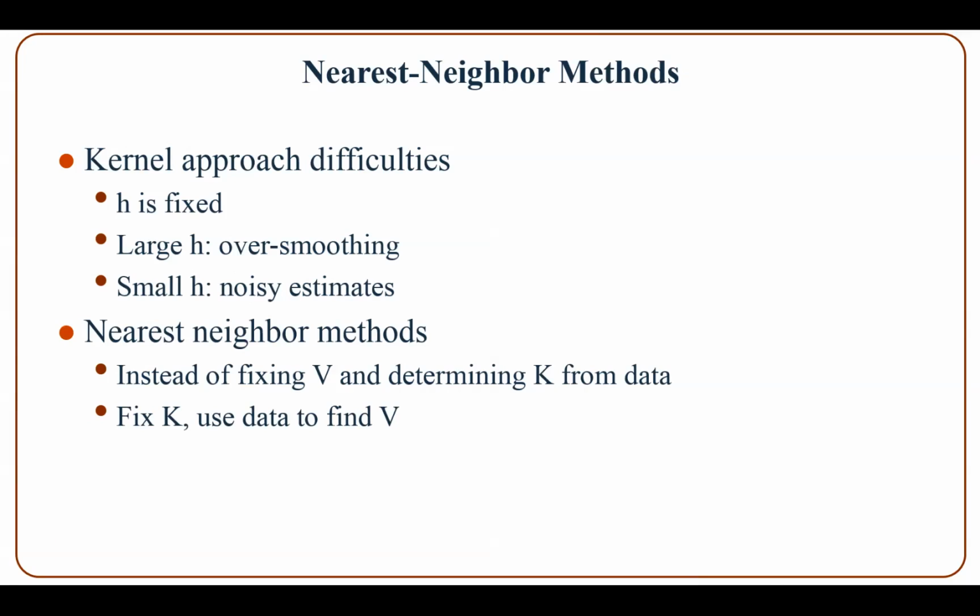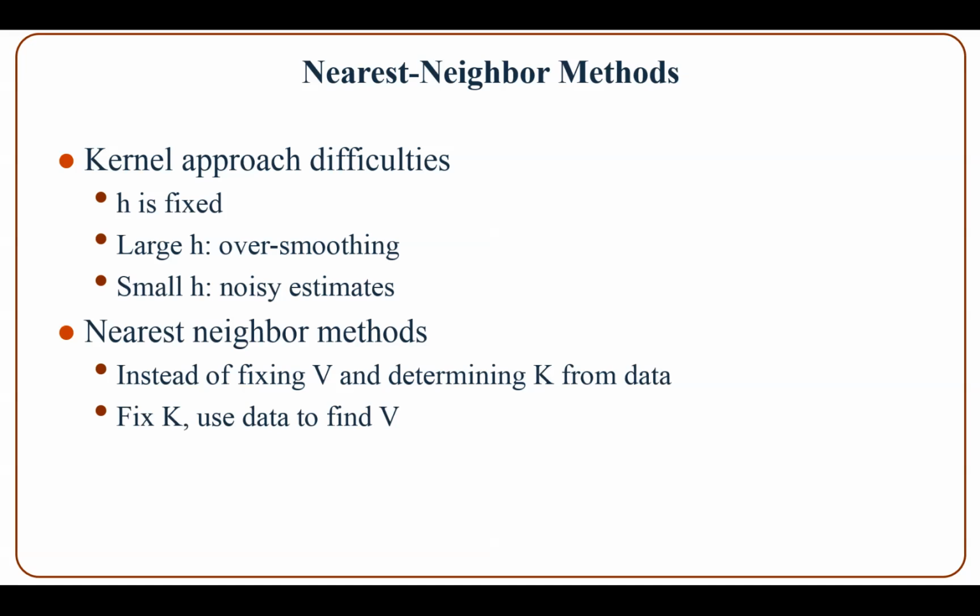On the other side, reducing h to a small value causes noisy estimates. So the optimal value of the parameter h may be dependent on the location within the space, and this is solved in the nearest neighbor methods.